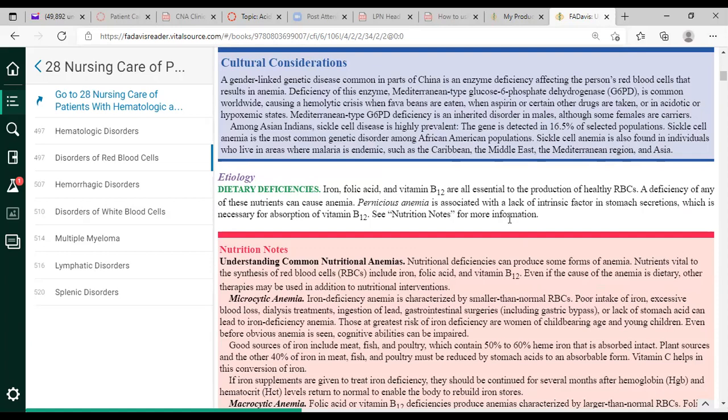A deficiency of any of these nutrients can cause anemia. Pernicious anemia is associated with the lack of intrinsic factor in stomach secretions, which is necessary for absorption of vitamin B12. See nutrition notes for more information.